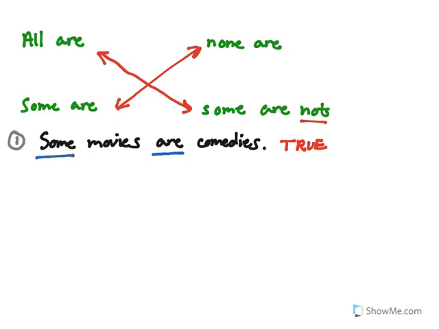And you look at the chart above, okay, the negation of some are would be none are, okay? So you can simply say, none of the movies are comedies, or no movies are comedies. It might be better to say no movies, because we want to imply that none of them are. No movies ever are comedies.